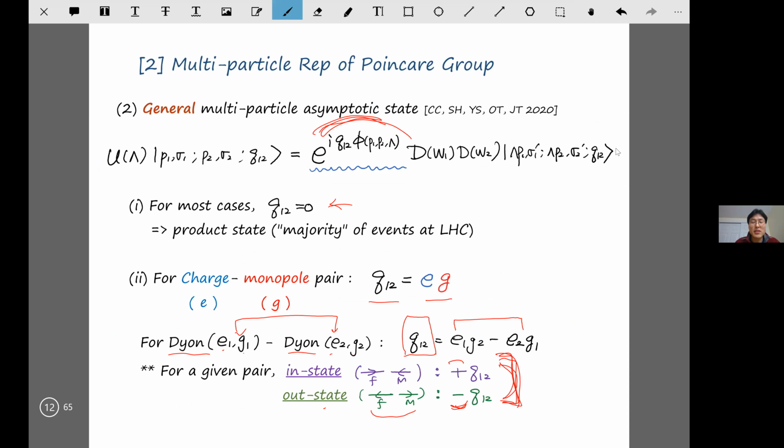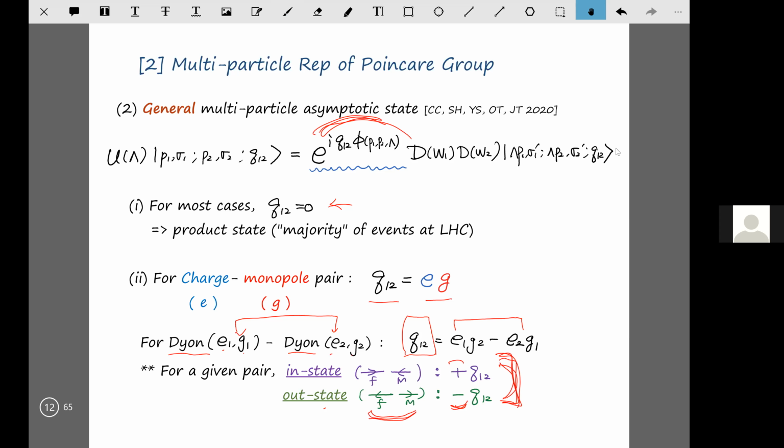In state means that they approach each other, so that they are about to collide. That's what I mean by in state. Out state is basically the state after collision. Something happened and then they are now moving away from each other, getting farther and farther. That's what I mean by out state. Is that clear, or is there a further question?